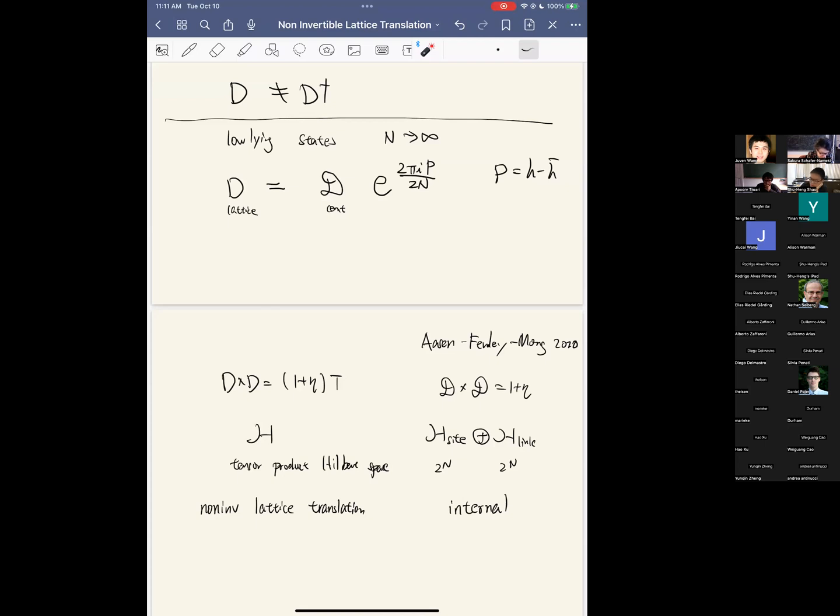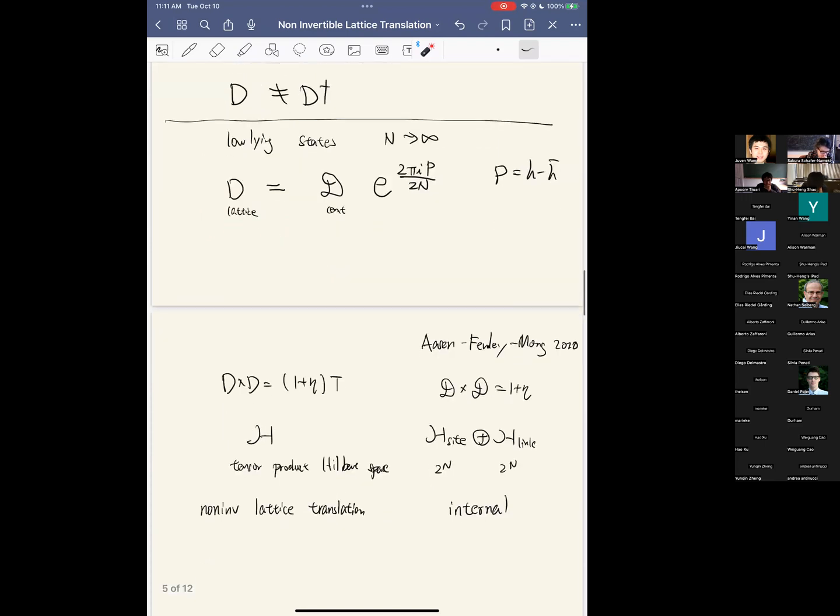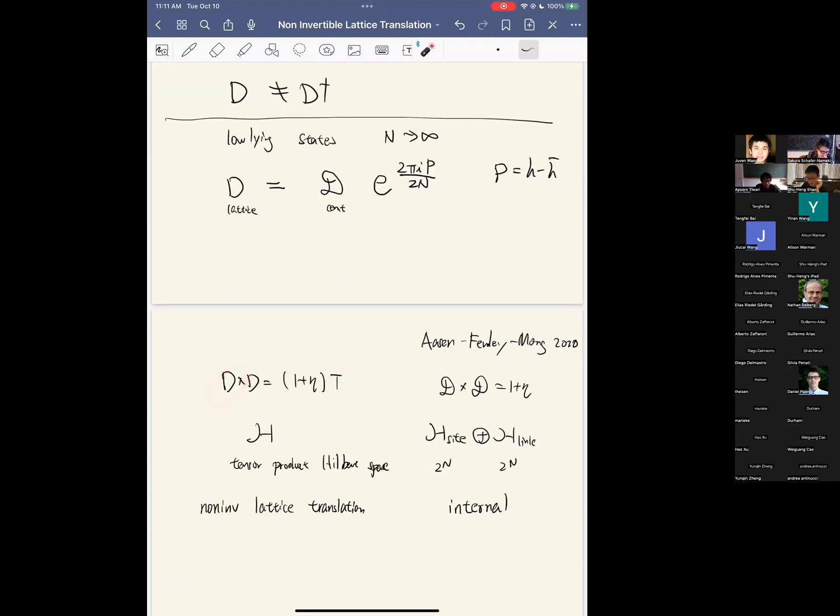Well, it really depends on the case, right? So as I said, in the Ising case, the D mixes with the lattice translation, but there are other cases where you can have a lattice duality symmetry that's completely internal. And if you're asking me for intuition, one intuition which we are currently working on, is the fact that this D in the continuum has root 2 quantum dimension.